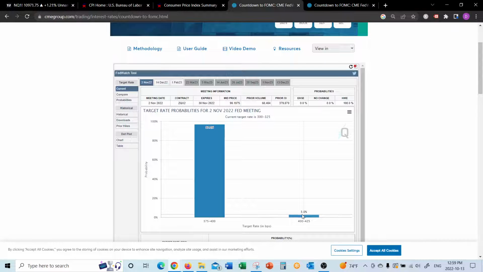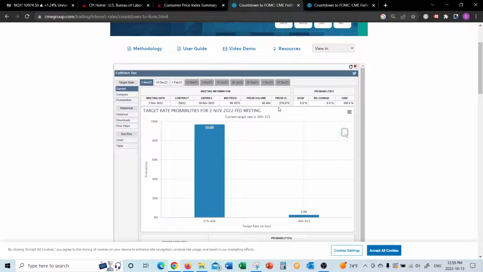And there's a small percentage, 3%, of a 100 basis point rate hike, but most likely it's not going to happen unless you get some sort of news that comes through the Wall Street Journal, their news wires, saying that it is going to happen in terms of some sort of leak. But right now, we're priced in for 100% probability that we are going to get a 75 basis point rate hike.